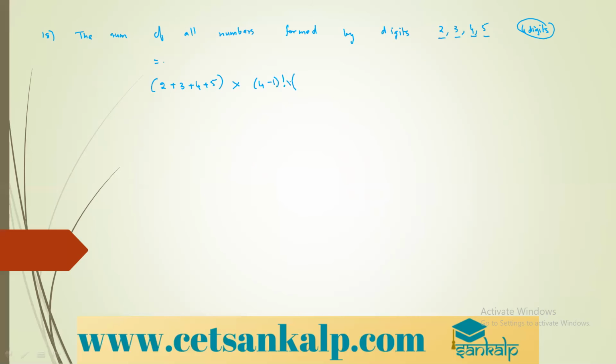And then you will multiply with the ones. Because there are 4 digits, you will write 4 ones. So this will be the answer. If you simplify further, you will have 84 into 1101, or 93,324, which is the sum of all numbers formed by these digits.